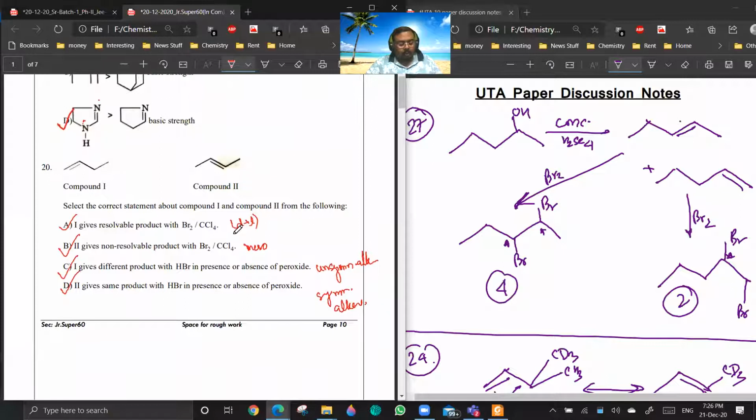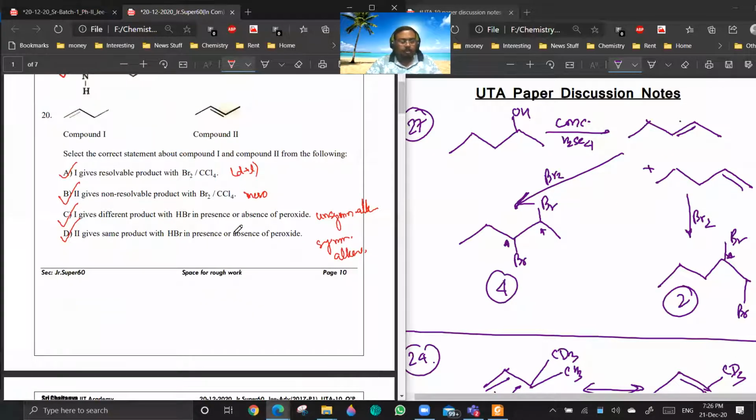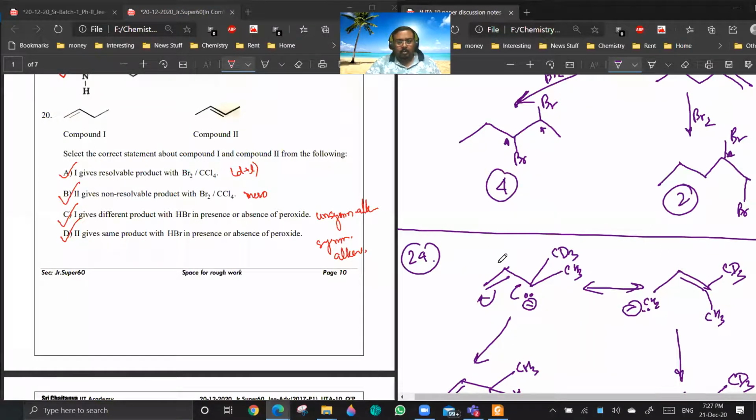After that, question number 20. No doubt. Can you explain this resolvable and non-resolvable? You want me to explain this? Yes, sir. Okay.